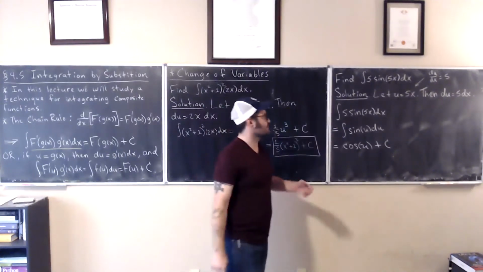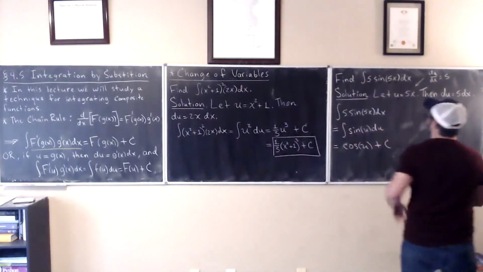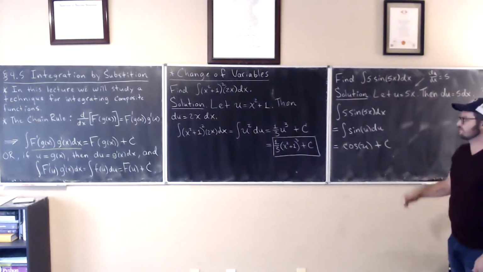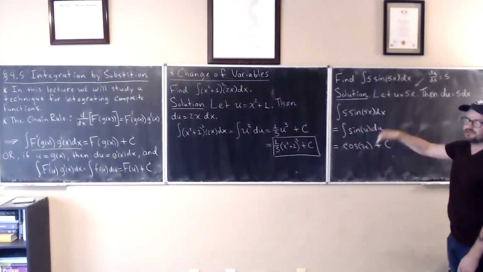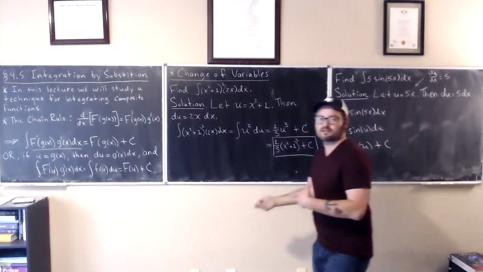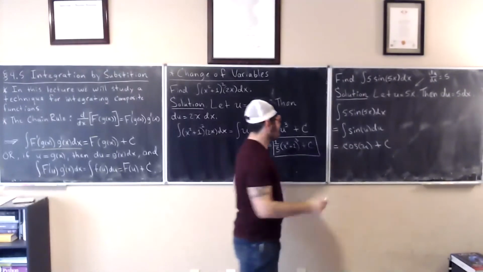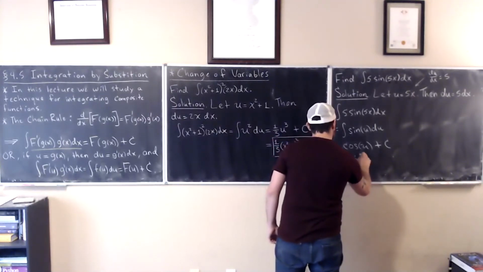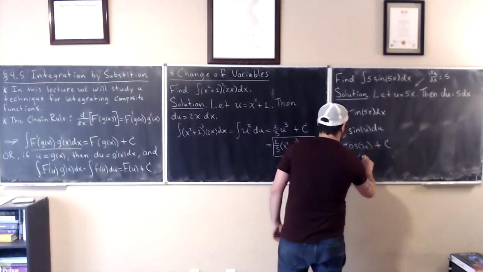But then again, we were originally asked to integrate with respect to the variable x. There are no x's here, so we have to look back to what u was and plug back in so that the answer is back in terms of the variable x. So it's 5x.